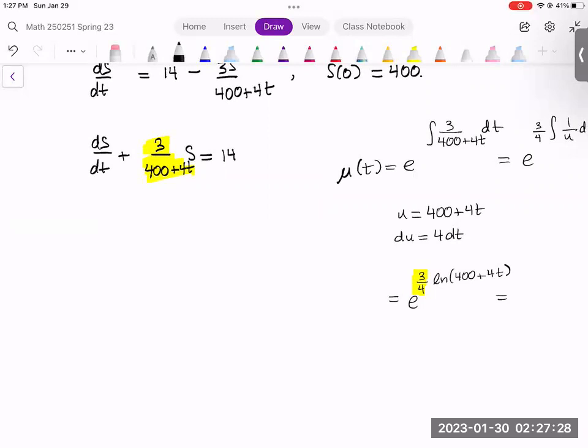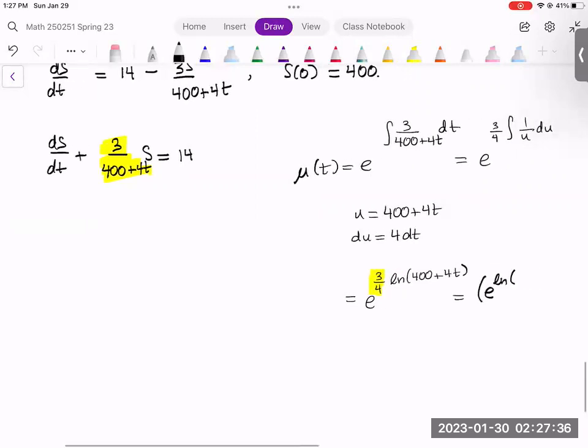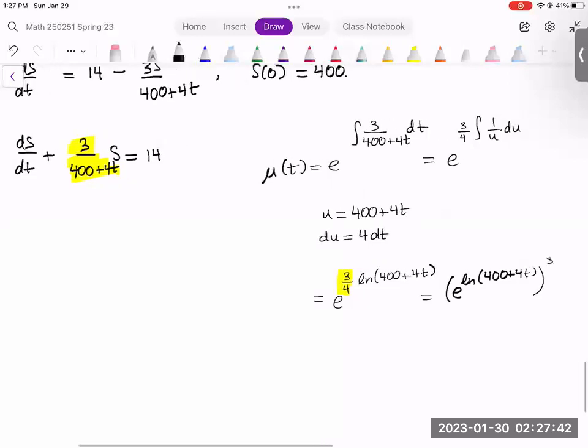We can either bring this 3/4 up into the natural log as a power, or consider doing e to the natural log of 400 plus 4t, all to the 3/4 power. Now that exponential and the natural log cancel out, and we're left with 400 plus 4t to the 3/4 power.